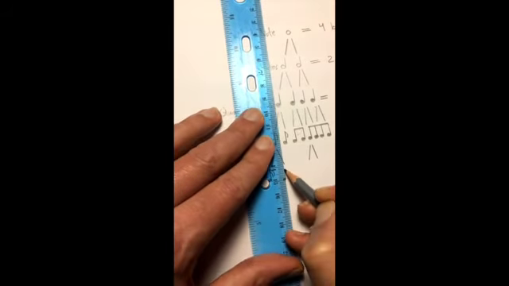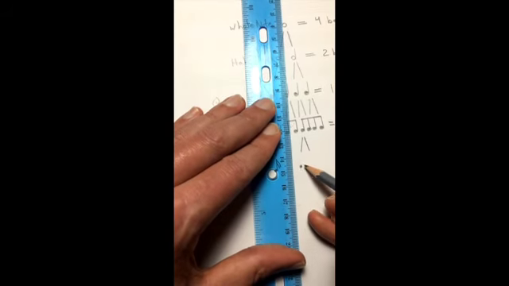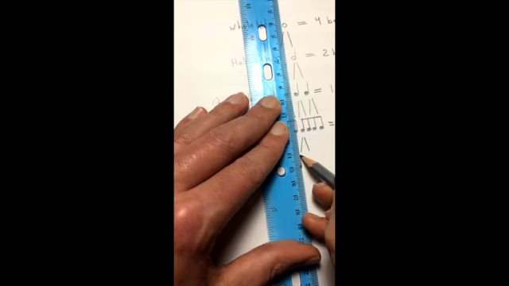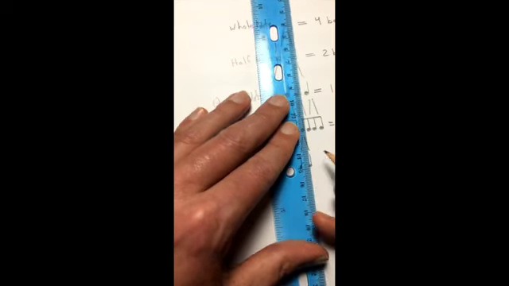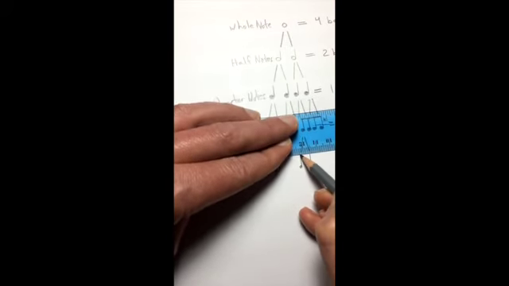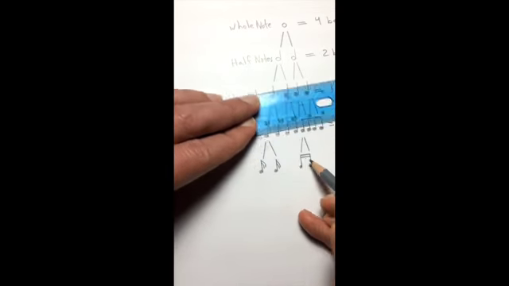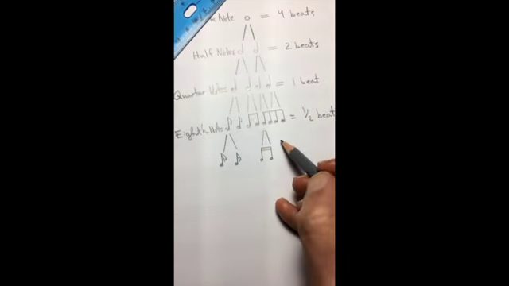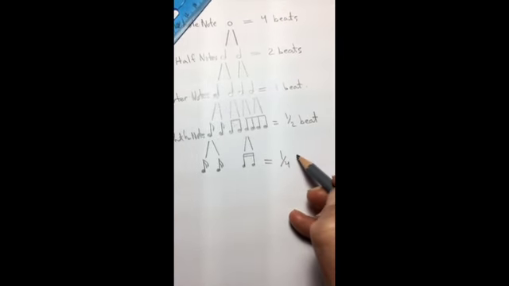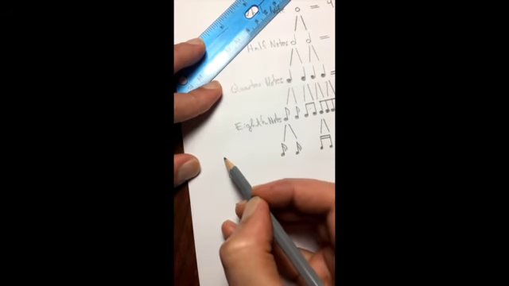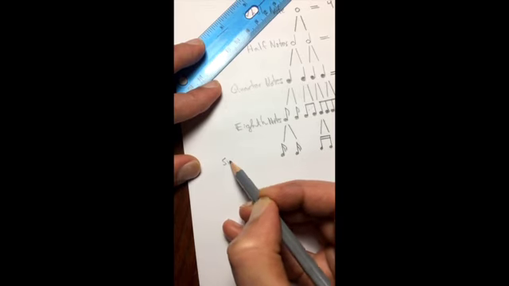I like to put a little bit of a curve on them, or if I beam them together, it's now not only going to have 1 beam, but 2 beams. Okay, so that is equal to a quarter of a beat, and we call them 16th notes.